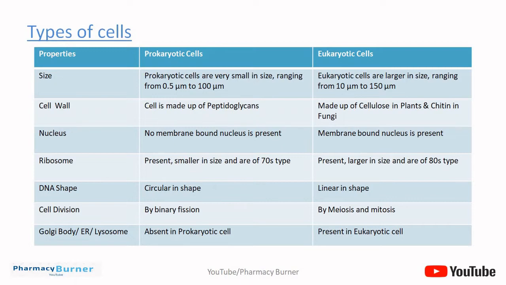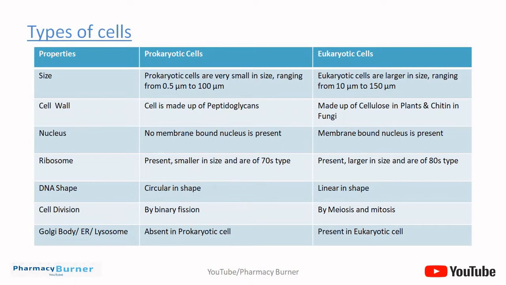Ribosomes are present in both prokaryotic and eukaryotic cells, but in prokaryotic cells, the ribosomes are smaller in size and are of 70S type, while in eukaryotic cells, they are larger in size and are of 80S type. DNA shape. In prokaryotic cells, DNA shape is circular, while in eukaryotic cells, it is linear.